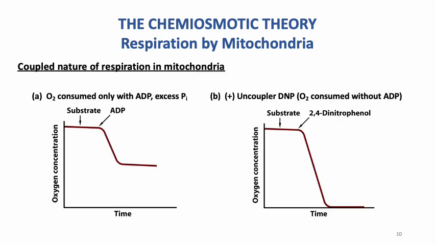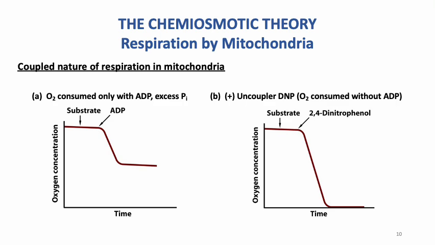In this slide, it's clear that oxygen is consumed only with ADP and excess inorganic phosphate. So when ADP is phosphorylated to ATP, that's when oxygen will be consumed. If we use uncouplers of oxidative phosphorylation, such as dinitrophenol, what do we mean by uncouplers of oxidative phosphorylation?